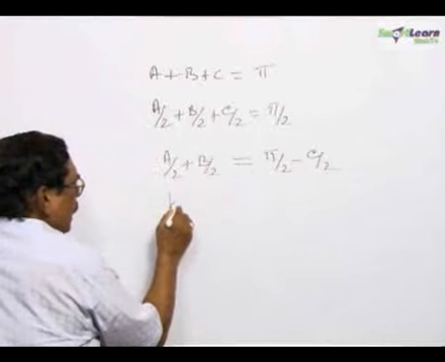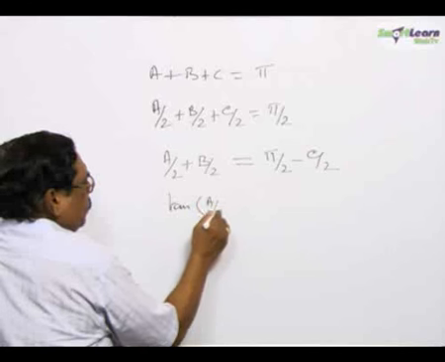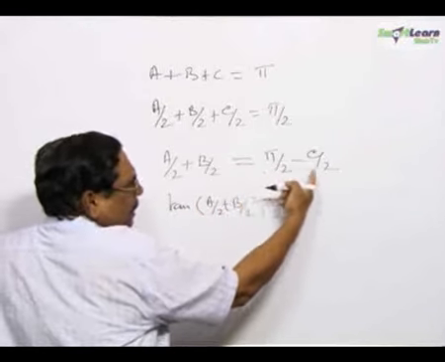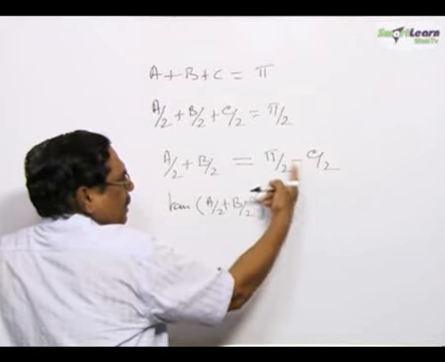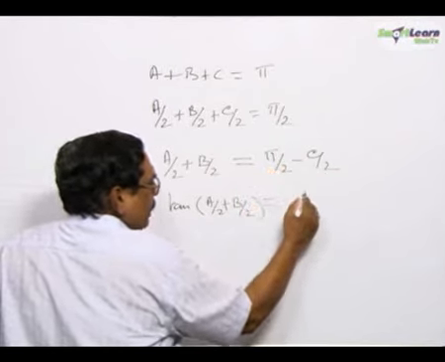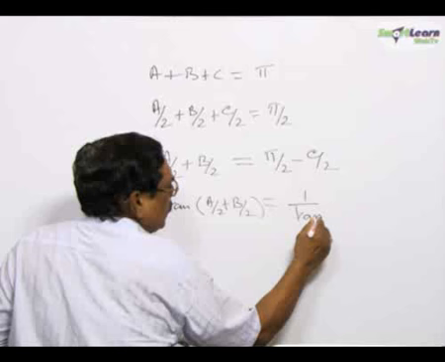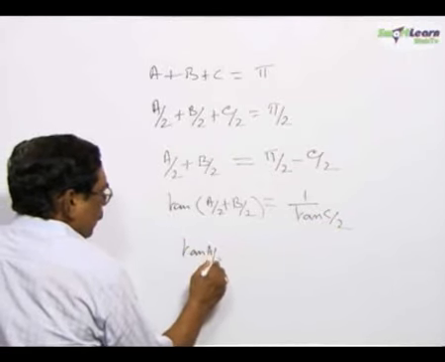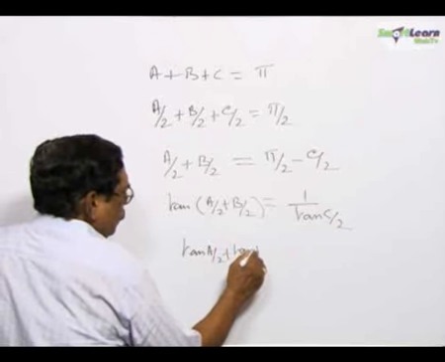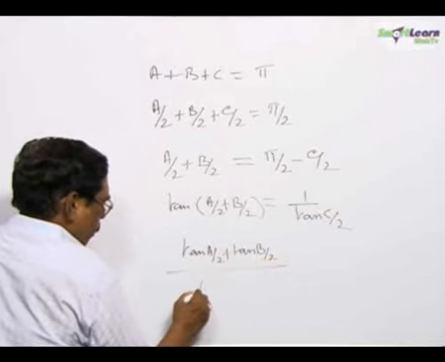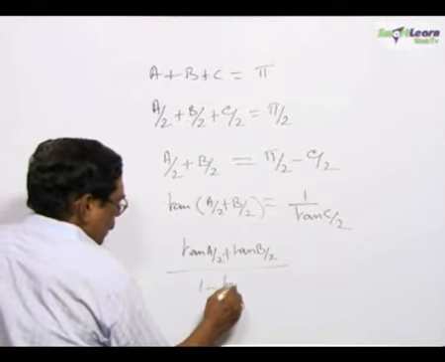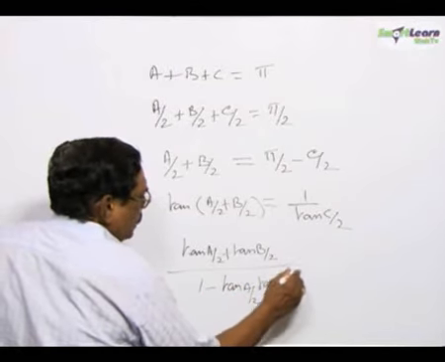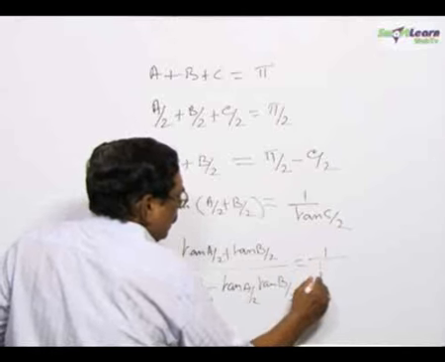Then take tangents on both sides. Tan of A by 2 plus B by 2 is equal to tan of 90 minus theta, that is cot theta, that is 1 by tan theta, or in other words 1 by tan C by 2. Therefore, you will be having tan A by 2 plus tan B by 2, divided by 1 minus tan A by 2 into tan B by 2, is equal to 1 by tan C by 2.